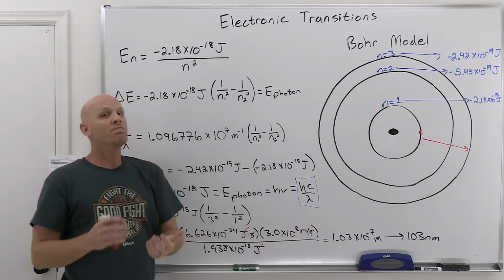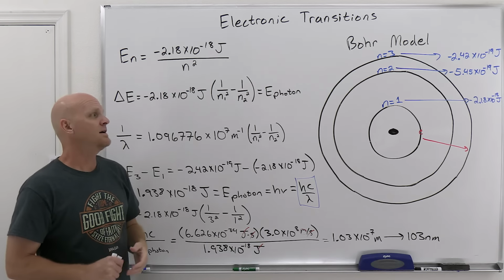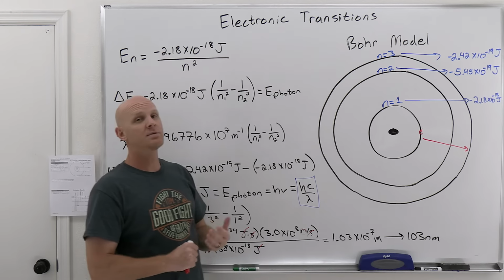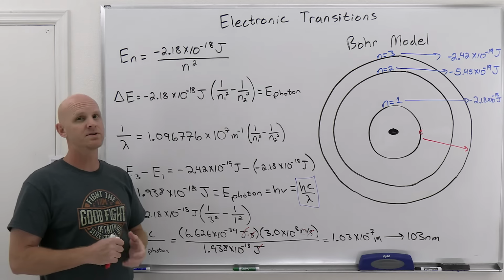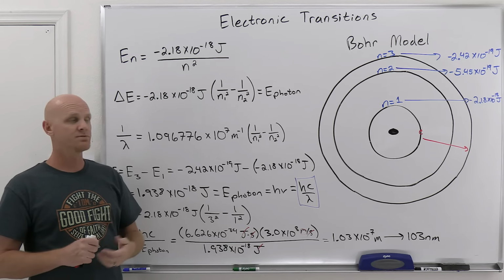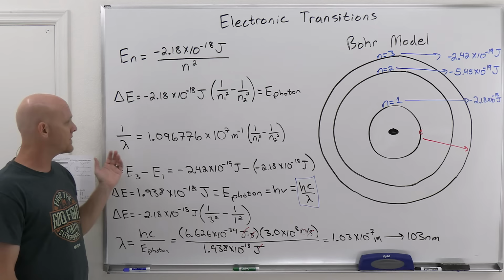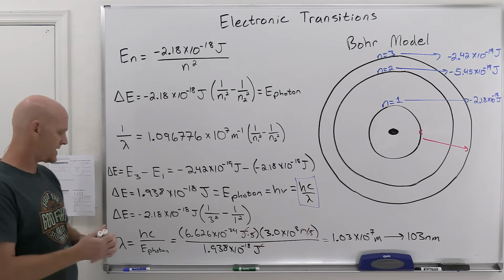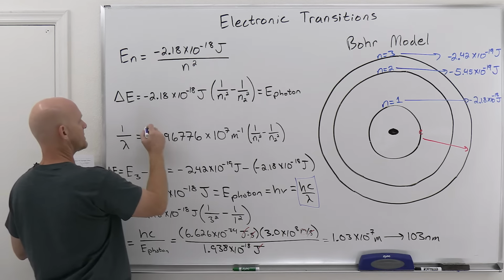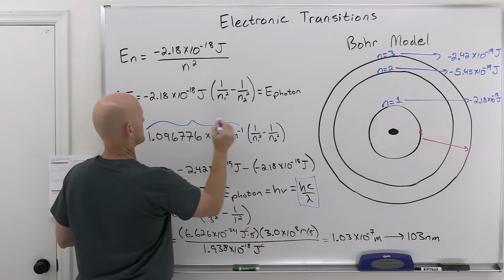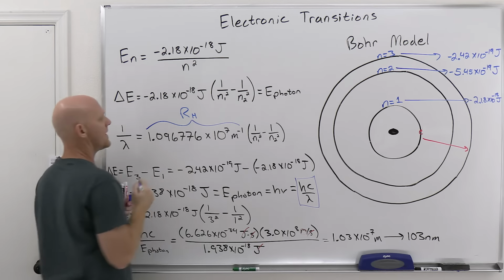Now, one thing to note: early on, it was more common to see the wavelengths of these different emitted or absorbed photons. And so Mr. Rydberg came up with this lovely expression right here, with this number being what's called the Rydberg constant.